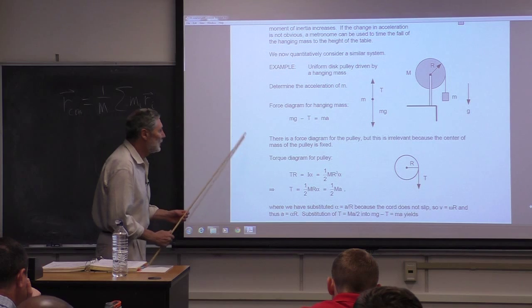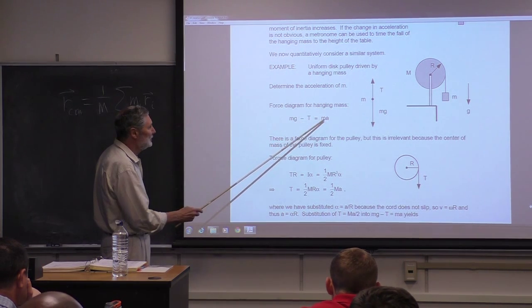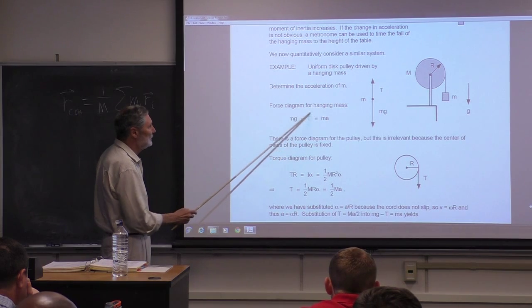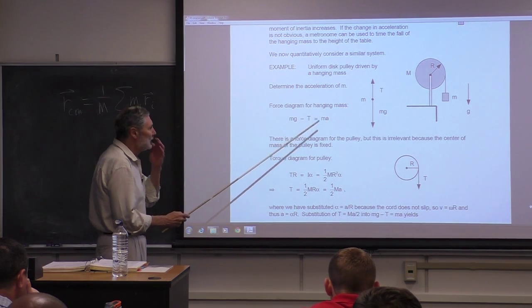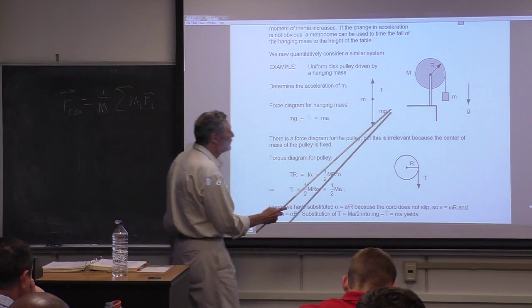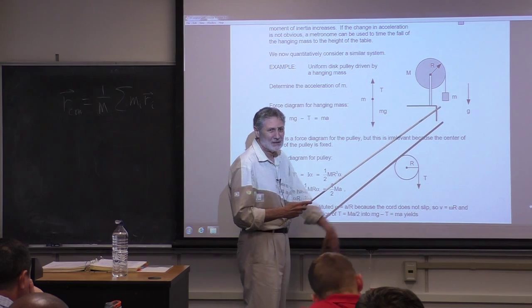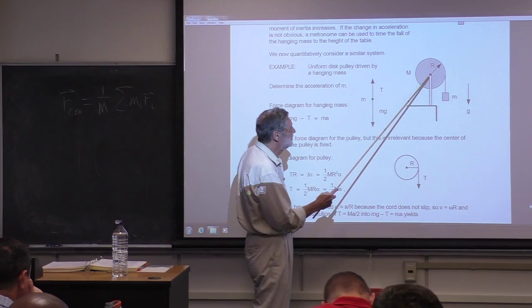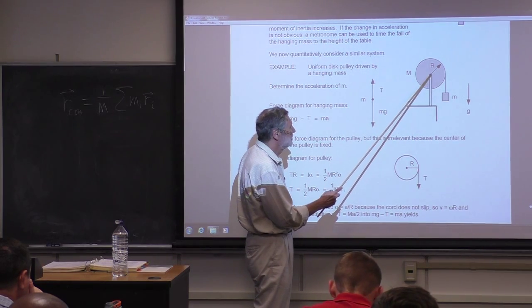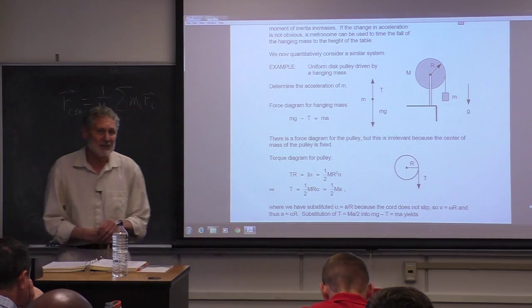Now, of course, the problem here is that we have one equation and two unknowns. We don't know the acceleration, that's what we're trying to find, and we don't know the tension. So we have to look at the pulley. The pulley has a force diagram. It has a weight due to gravity, and then there's a force here. The support is exerting an equal and opposite upward force, so the center of mass has no acceleration.